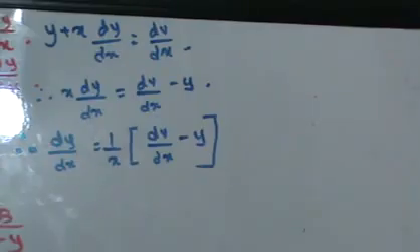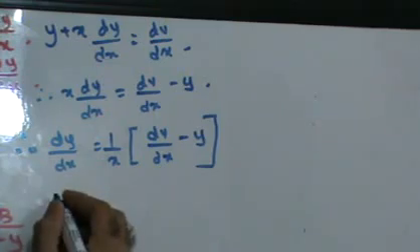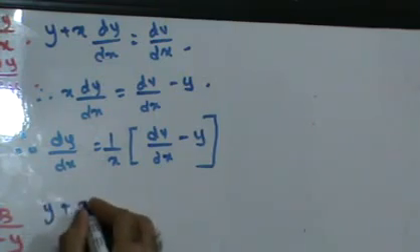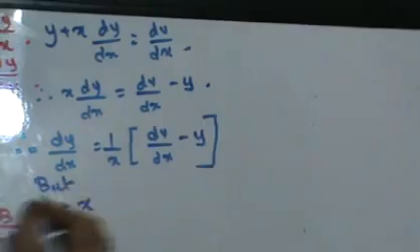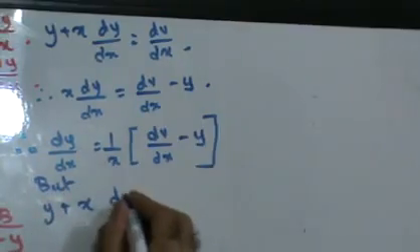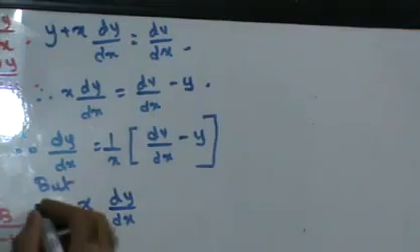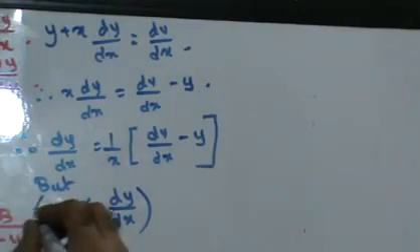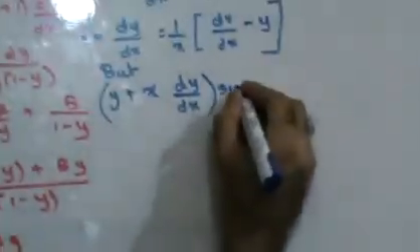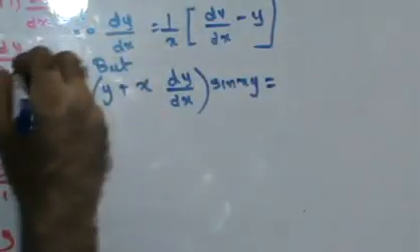Now once you have the value of dy by dx, they're giving you a particular equation and they've asked you to solve the equation. Now the equation is y plus x dy by dx into sin xy is equal to cos x.